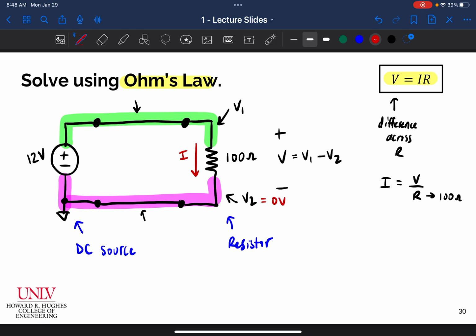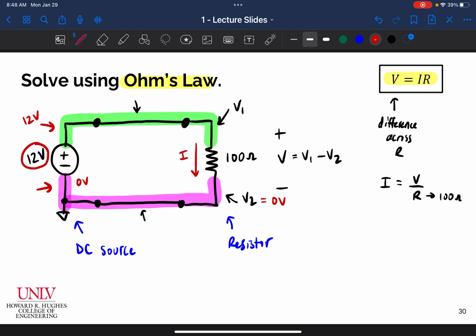And from the DC source video, we should recall that the indication of this 12-volt rating on my battery, or my voltage source, basically tells me that my plus side is 12 volts higher than my minus side, okay? So if my minus side is at 0 volts, then that means that my plus side has to be at 12 volts, okay?